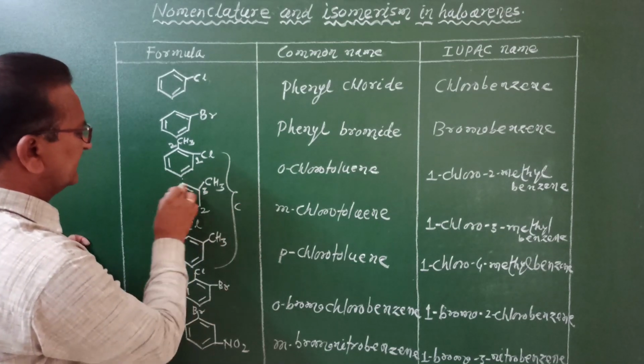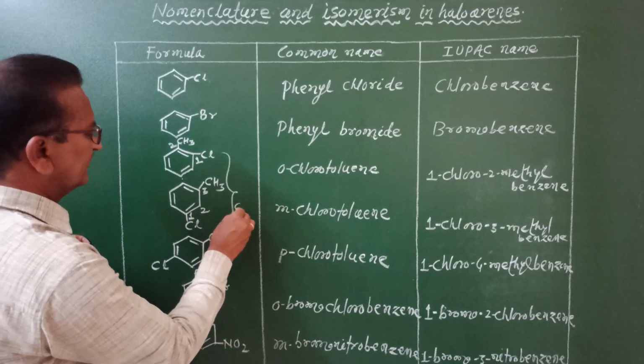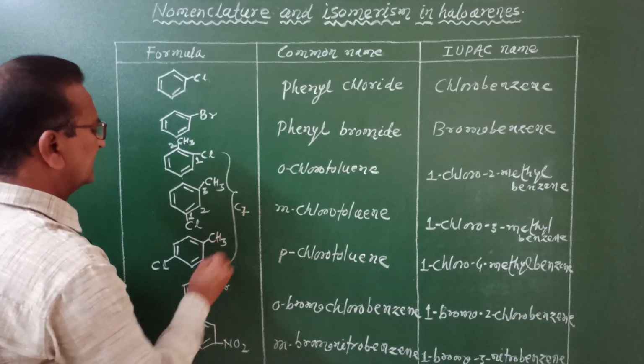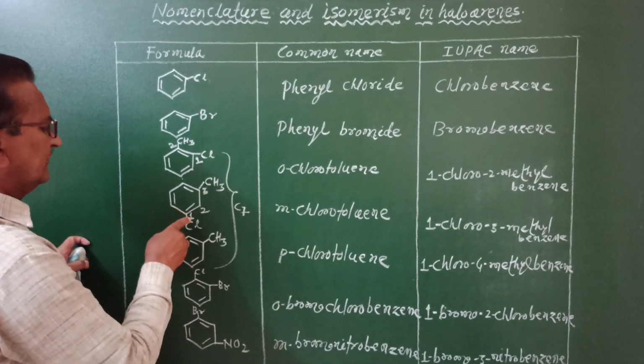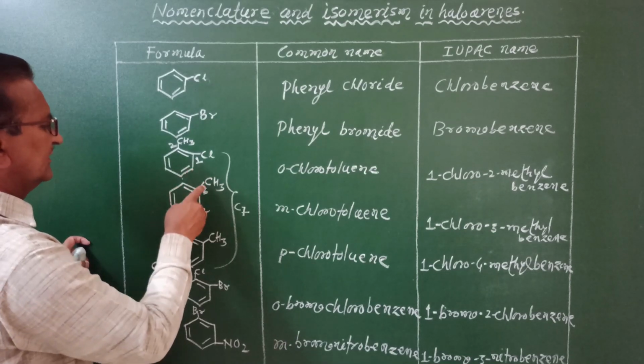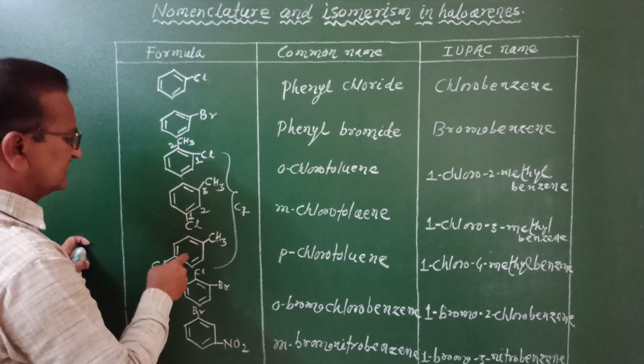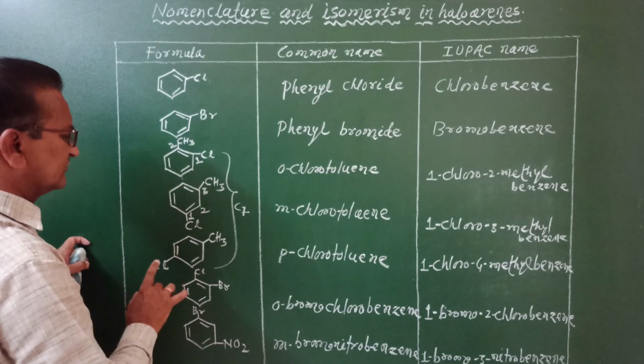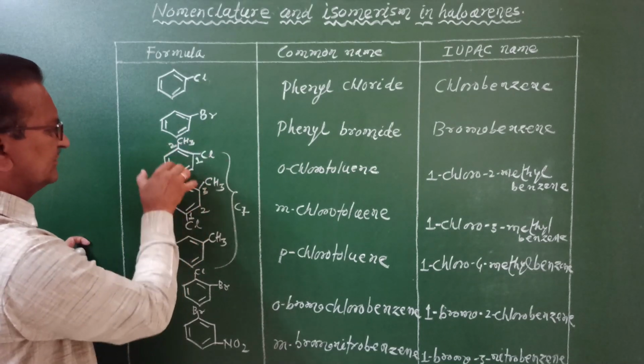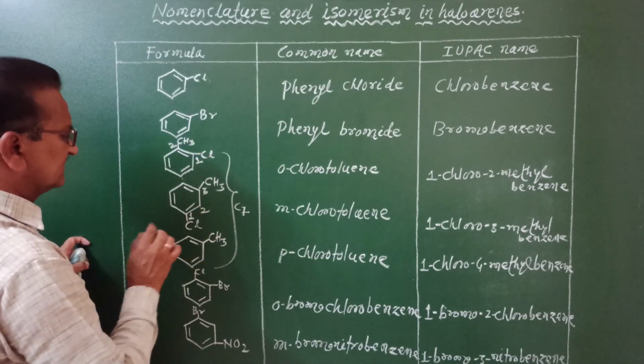C7: 6 carbon atoms of the benzene ring, 1 carbon atom of the methyl, so the number of carbon atoms is 7. The number of hydrogen atoms is also the same, because on each benzene ring there are 2 substituents.